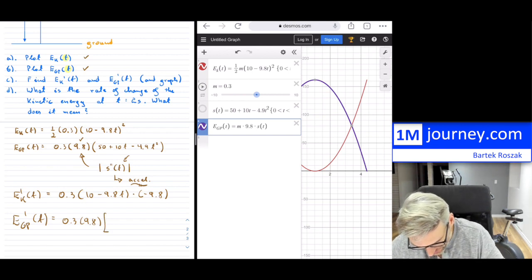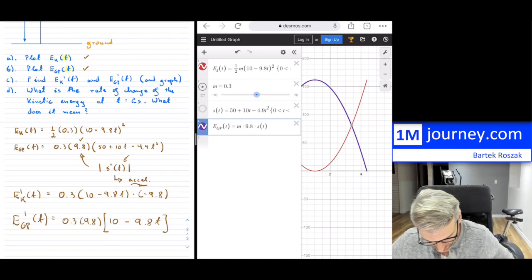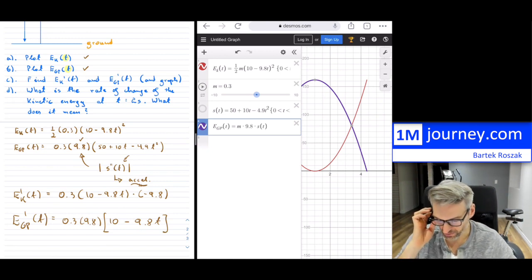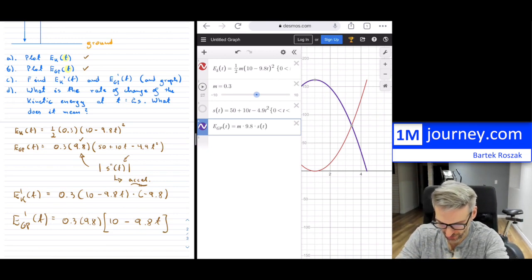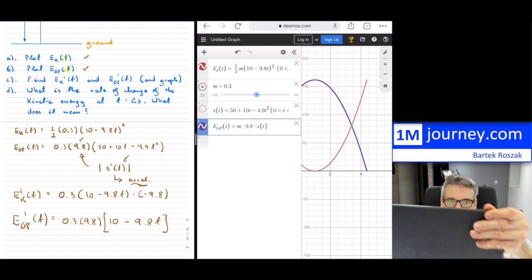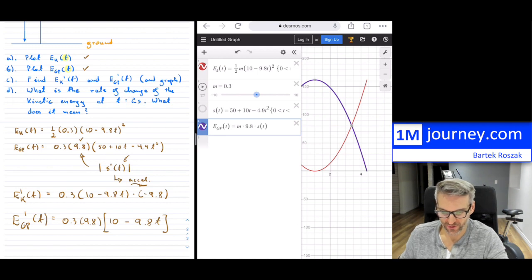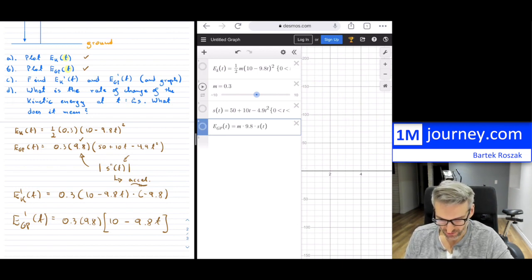And then we're going to have the derivative of that, 10, minus 9.8t. So that's what we will have right there. That's going to be my derivative of the gravitational potential energy. And so graphing this, if I graph this out, within here, let me maybe remove this.